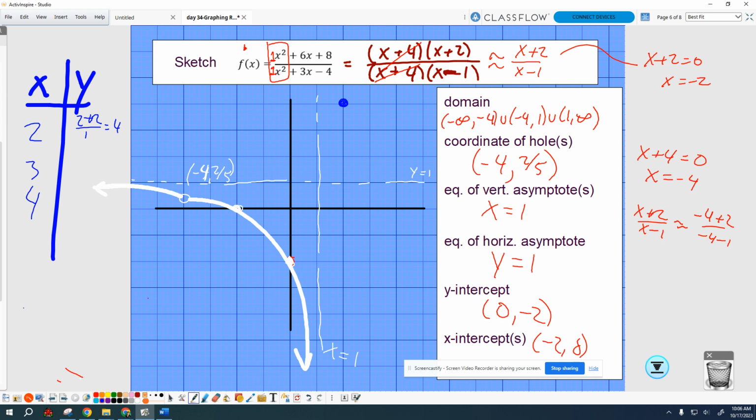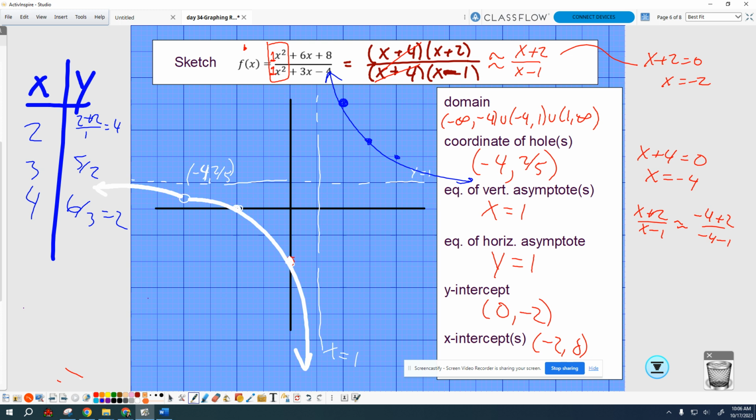Plug in 3, I get 5 halves. And 4 plus 2, so 6 over 3, which is 2. And it's going to look like that.